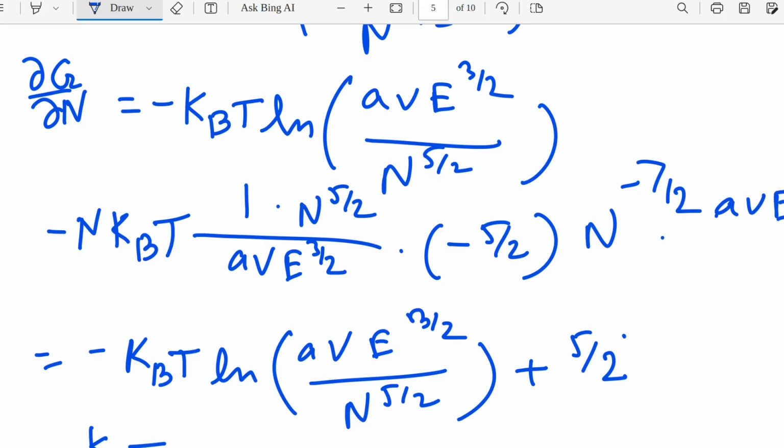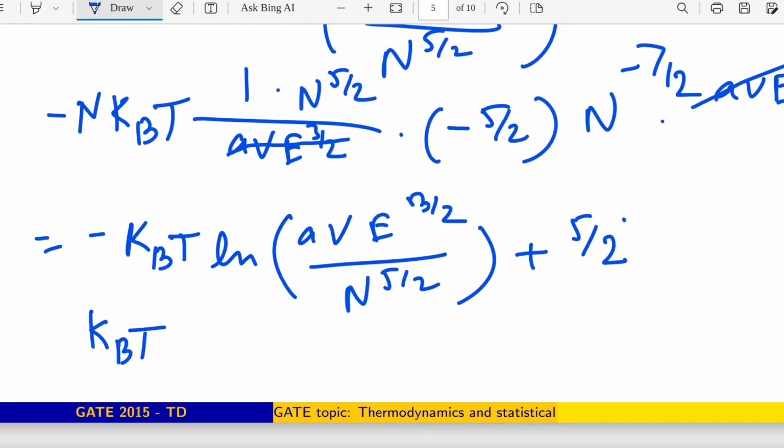So now you can see that this whole term will be cancelled out, and here it will be n^(5/2) times n^(-7/2) times n, so n to the power 0, which is 1. So there will be no other term other than kB T in this case. So that will be 5/2 into kB T.